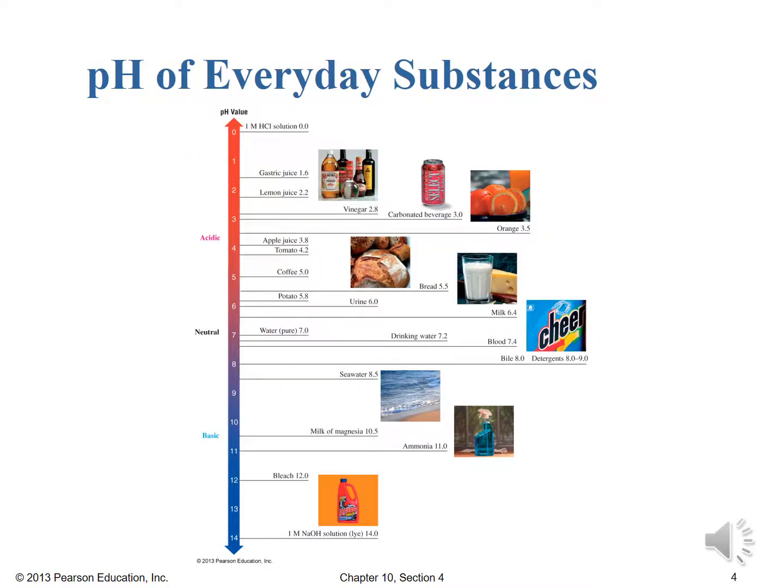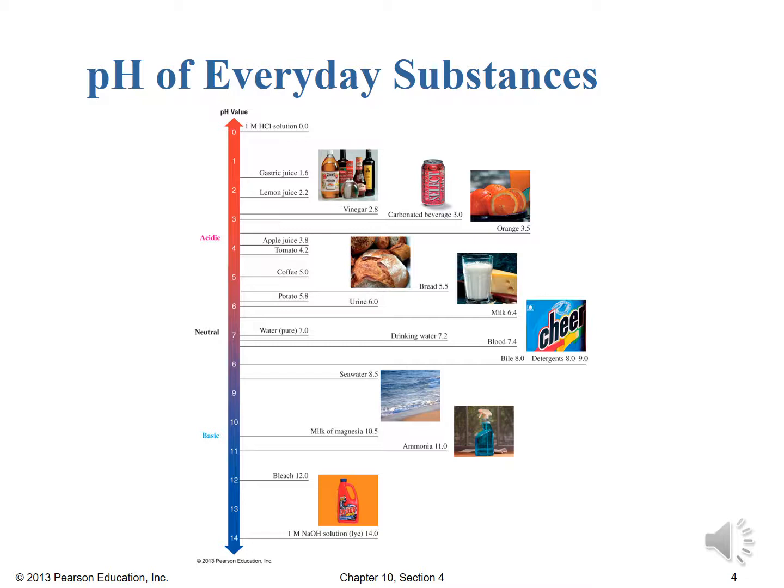So here we see some pH values for everyday substances. You see that pH of 0 for a 1 molar hydrochloric acid solution. If we have a stronger hydrochloric acid or some sort of superacid, which do exist if you go on in chemistry, we would easily go below 0 in terms of a pH value that would be negative. But for our course, again, that 0 value is where we're going to stop.